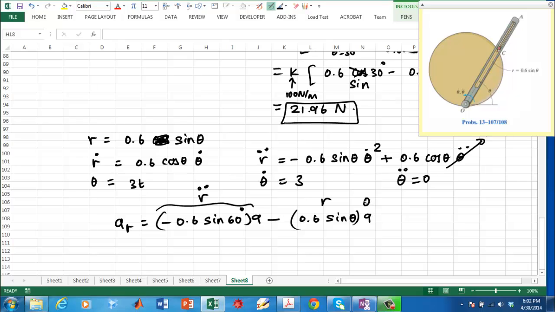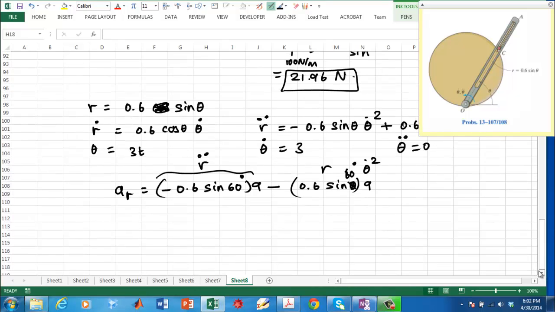Substituting, with theta at 60 degrees, you can solve for N equals F spring plus mass times a_r divided by sine 60 degrees, or cos 30 degrees.